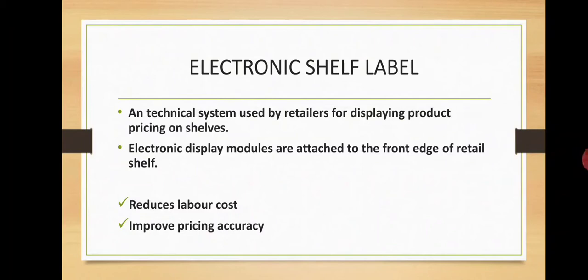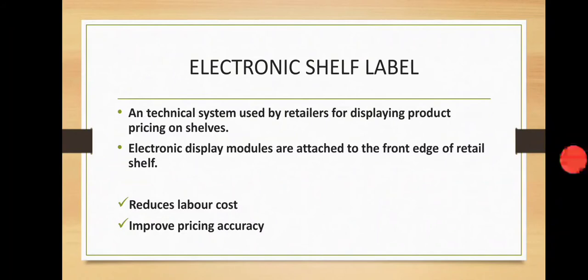So the price is displayed on an electronic display module, and you have equipment to operate it. Each shelf is given a number. For example, first rack, third product. You will have first rack, third product on your tab. Say today you have buy one get one free.